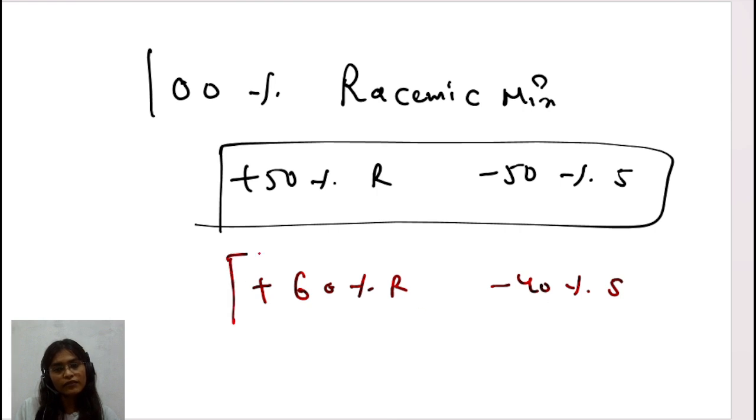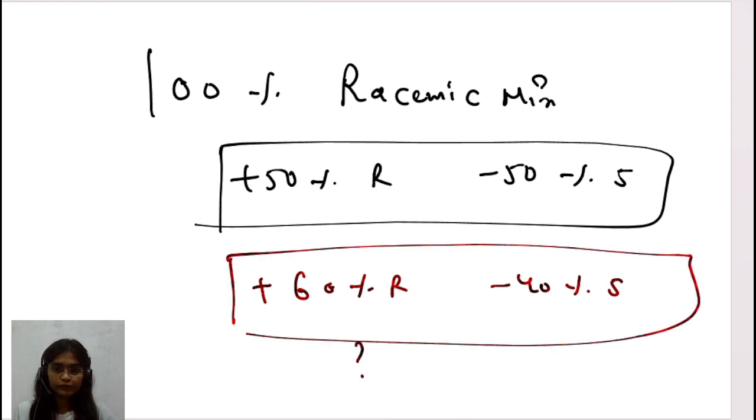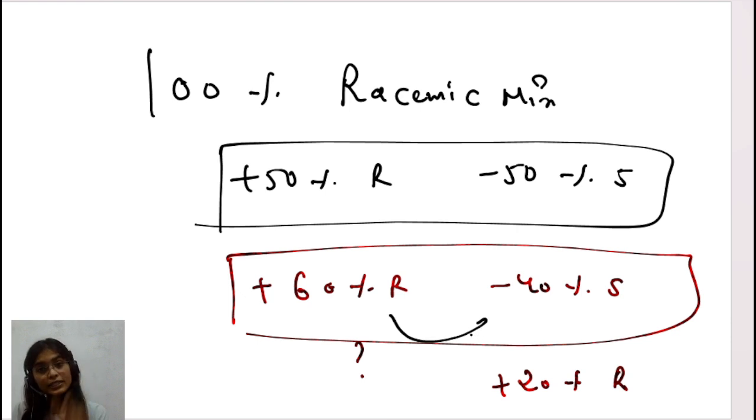Can you tell me the final answer now? Plus 60 minus 40, so it is dextrorotatory. But I'm asking about R and S: it is going to be plus 20% R. Isn't it a racemic mixture? Yes, there is a racemic mixture, but not 100%, because only 40 and 40 combine to become racemic, and 20 is still left. It's not 100% racemization.